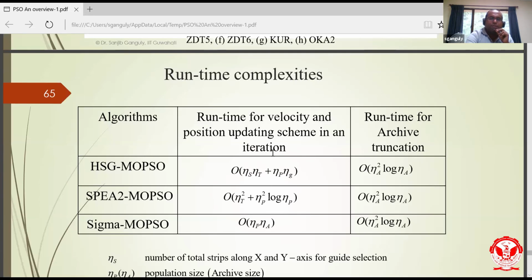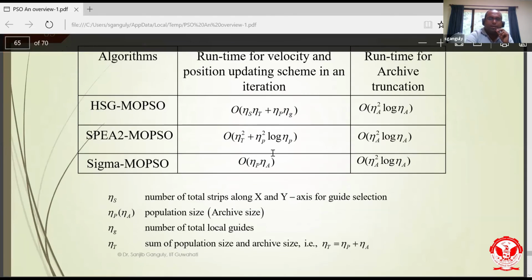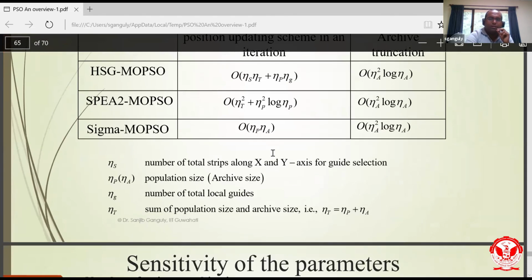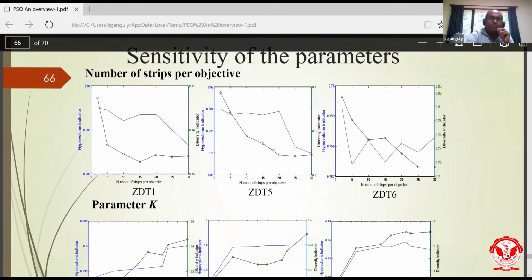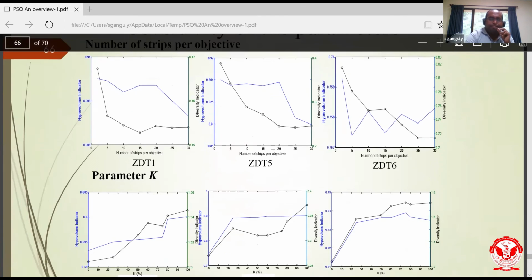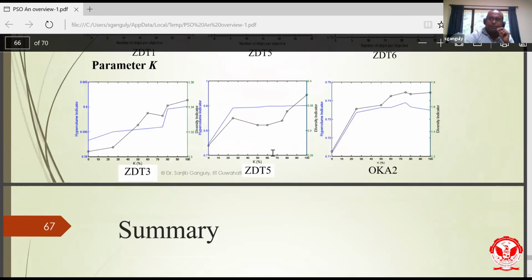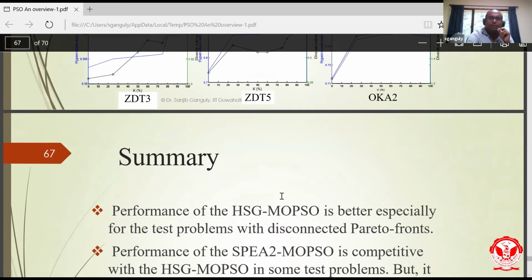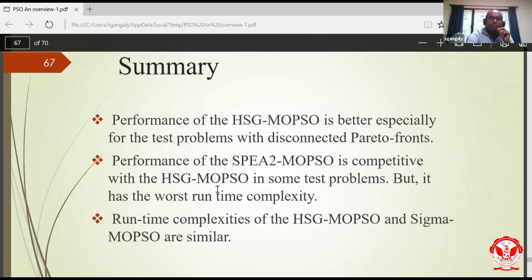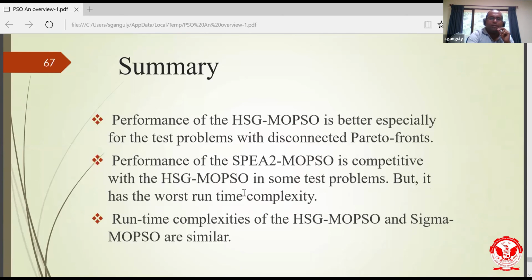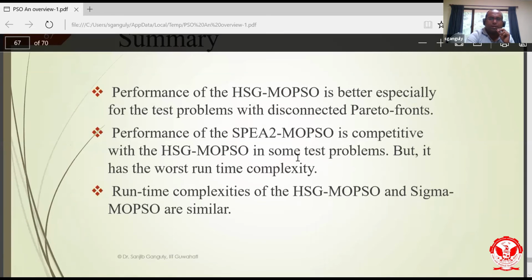Based upon this comparison also, the proposed algorithm was competitive, and sensitivity of the parameters was also studied. In summary, the proposed algorithm is very competitive and performing very well, and SPEA2 and MOPSO performance is also similar, but it has a worse runtime complexity.